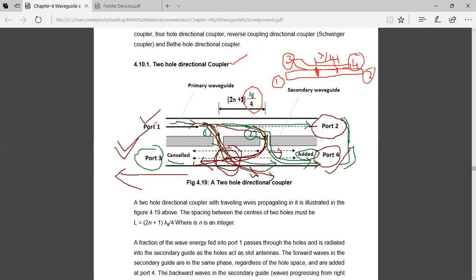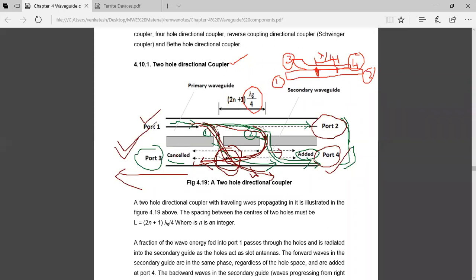It is also used to divide the energy into two equal parts, or to circulate the energy in different parts. We can make use of these directional couplers. So these are the importance and applications of directional couplers.